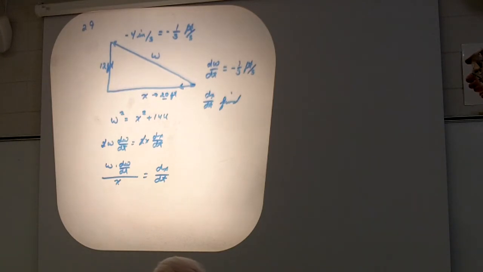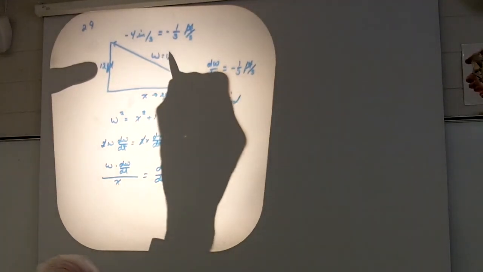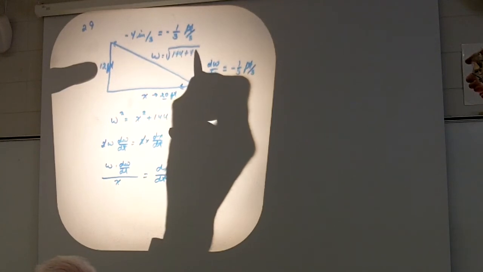That might be the case where they're just canceling each other out along the way, but I'm not totally sure on that. And then find W, put in X as 20. That W is equal to the square root of 144 plus 400.